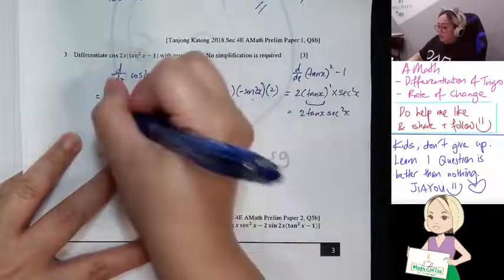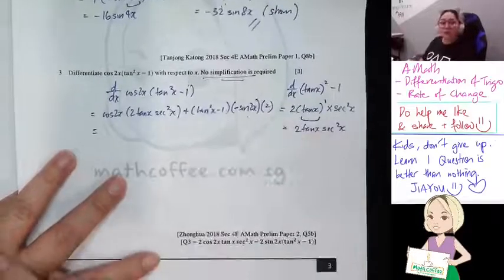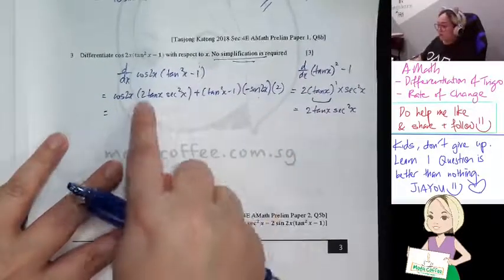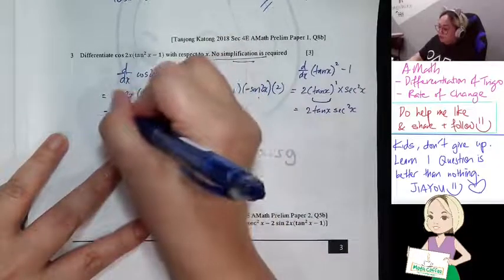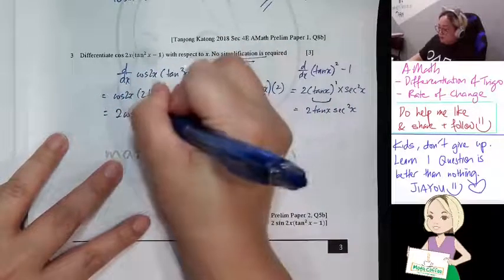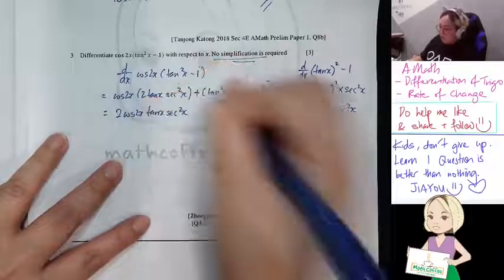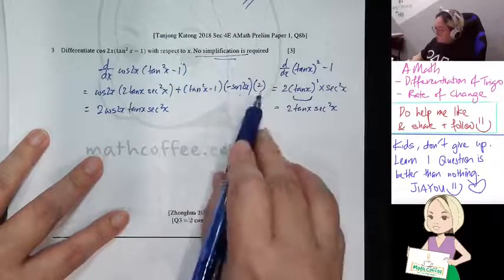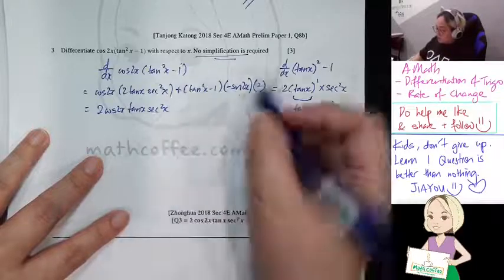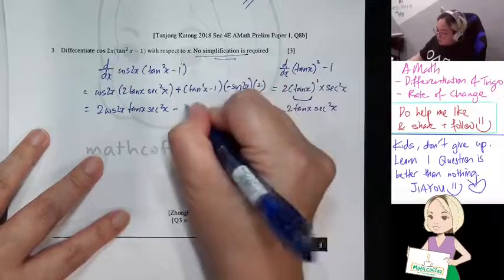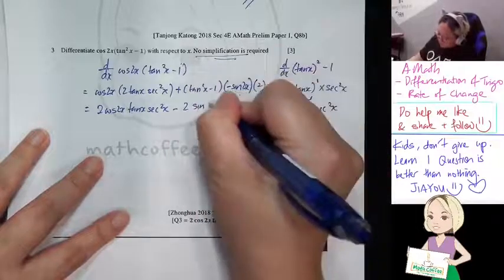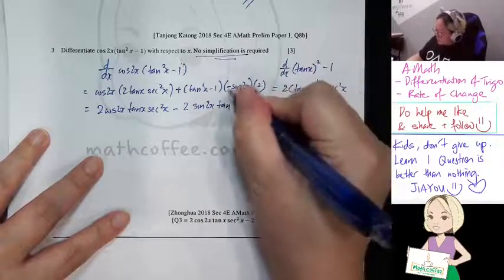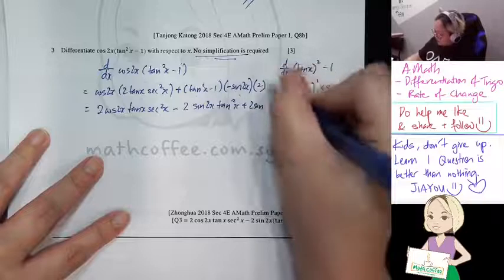Okay, they mentioned that you don't have to further simplify it, but of course you still need to remove the bracket and write it out neatly. For example, the number 2 must be in front. So you write it as 2 cosine 2x tangent x secant squared x, and this one will be minus 2 sine 2x tangent squared x, and plus, because minus times minus 2 sine 2x.